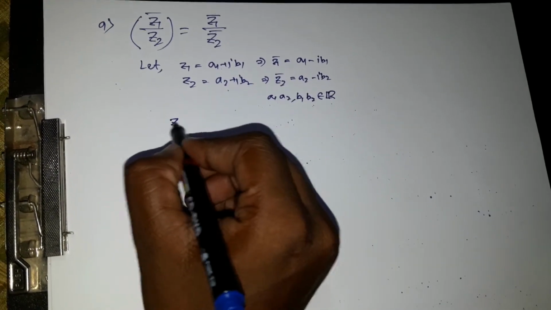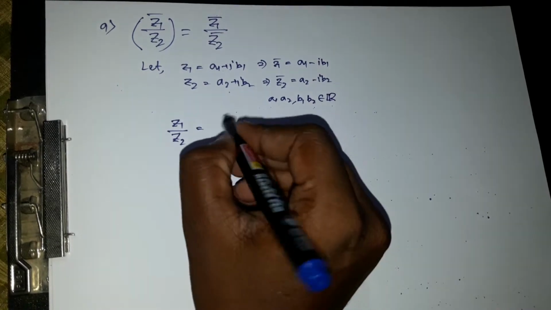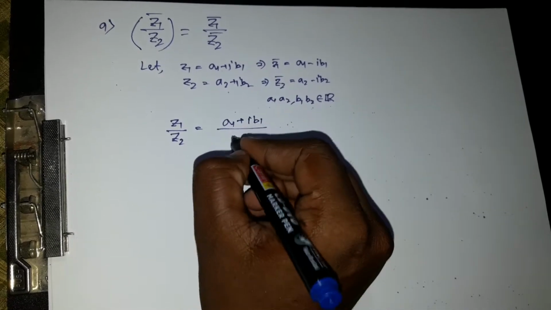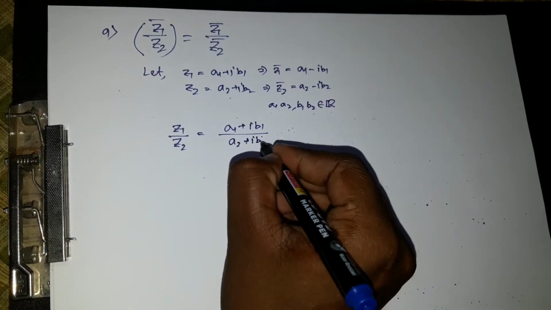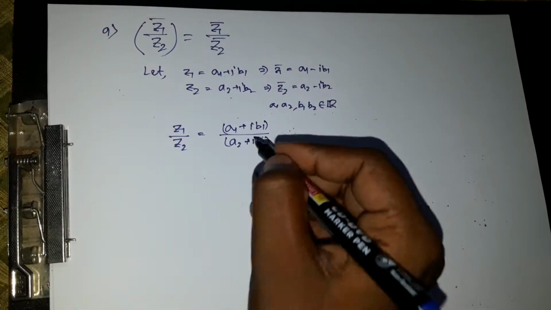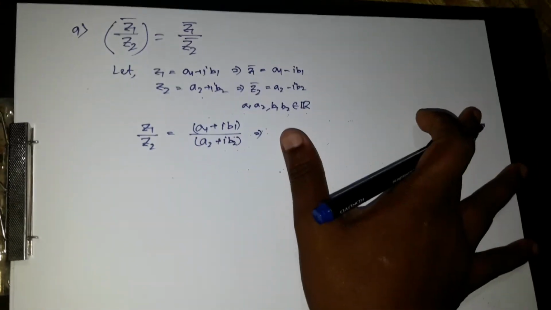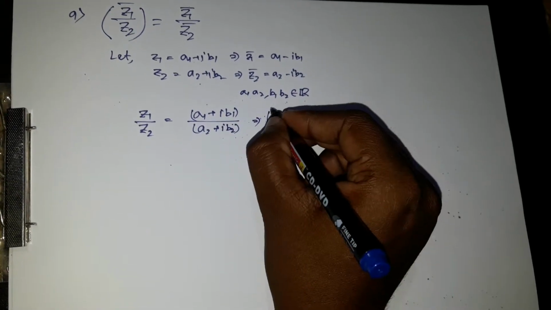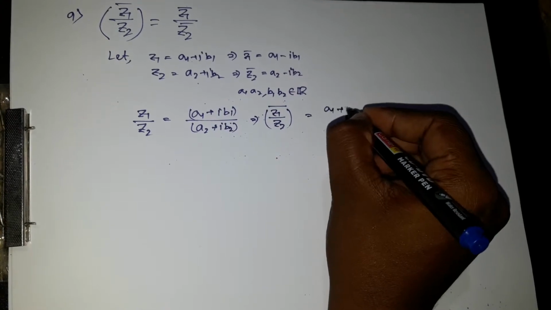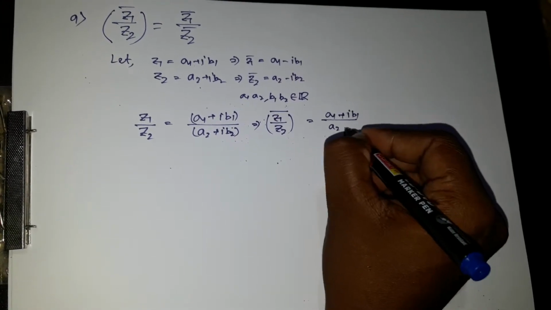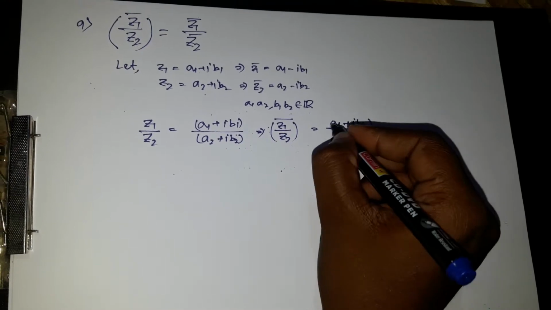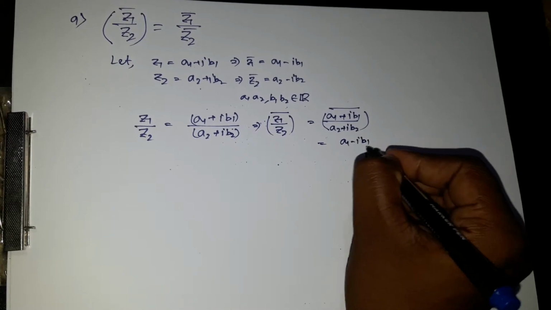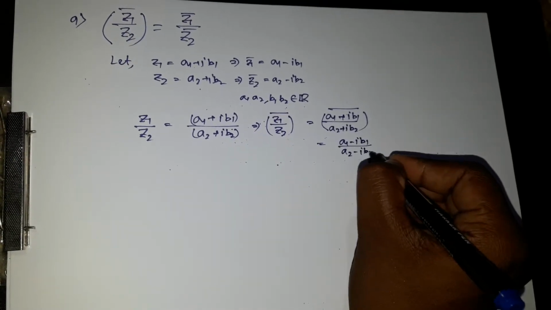So z1 by z2 is a1 plus ib1 divided by a2 plus ib2, and the conjugate of z1 divided by z2 is the conjugate of a1 plus ib1 divided by a2 plus ib2, that is a1 minus ib1 divided by a2 minus ib2.